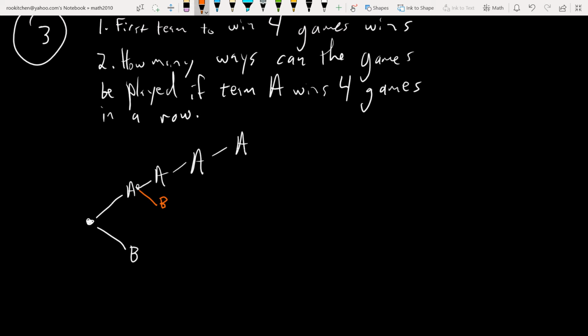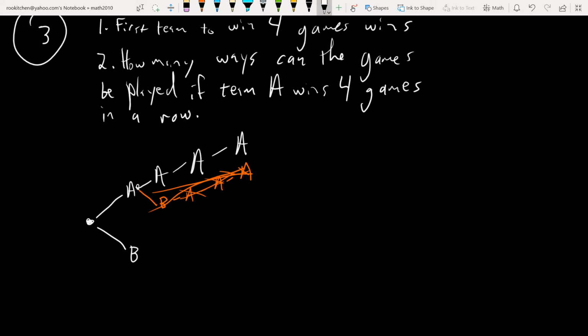And if Team B won, then all Team A would have to do is win 3 games, and it would win. But that contradicts the assumption that we're presuming that Team A is winning 4 games in a row. So this string right here is not going to work.